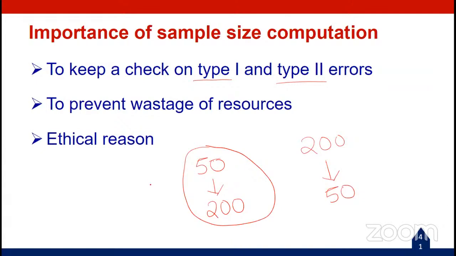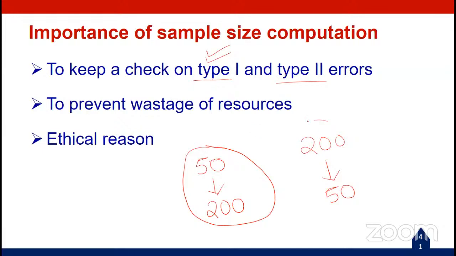That is, you will be rejecting a null hypothesis which is true. Even though there may not be any clinically relevant difference between the two groups, you reject the null hypothesis and say that there is a difference. In the sense, if you are selecting too many than required, you are more likely to commit type 1 error.